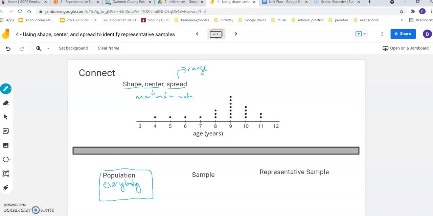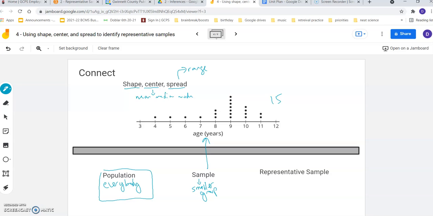So we often just ask a sample of people, which is a smaller group. And we hope that the smaller group kind of tells us what we want to know. So this may have been a sample, like, okay, this looks like about maybe 15 people. We'll just ask 15 people who saw the movie, how old are they? And that might give us the information we need.